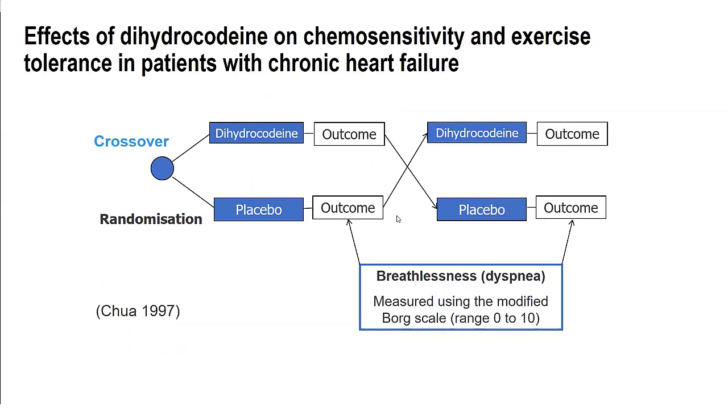The participants are either randomized to receive dihydrocodone followed by placebo or placebo followed by dihydrocodone. And what is measured in this particular trial is breathlessness at the end of each period of receipt of that treatment.